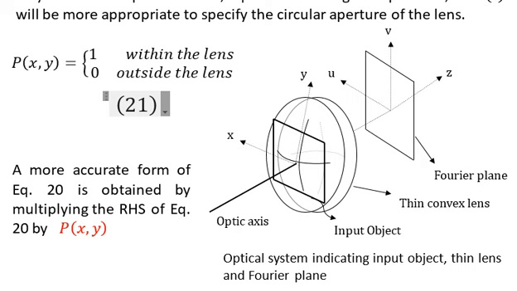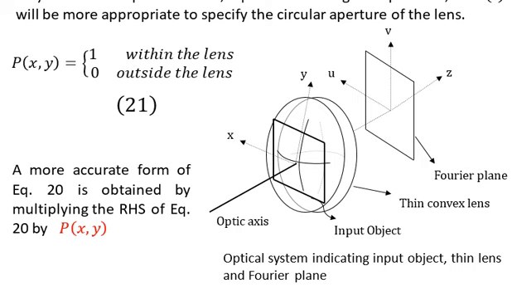The xy plane and the uv plane are parallel to each other and separated by the focal length of the lens, equal to f. The uv output plane may be regarded as the Fourier plane because it is located at the back focal plane.